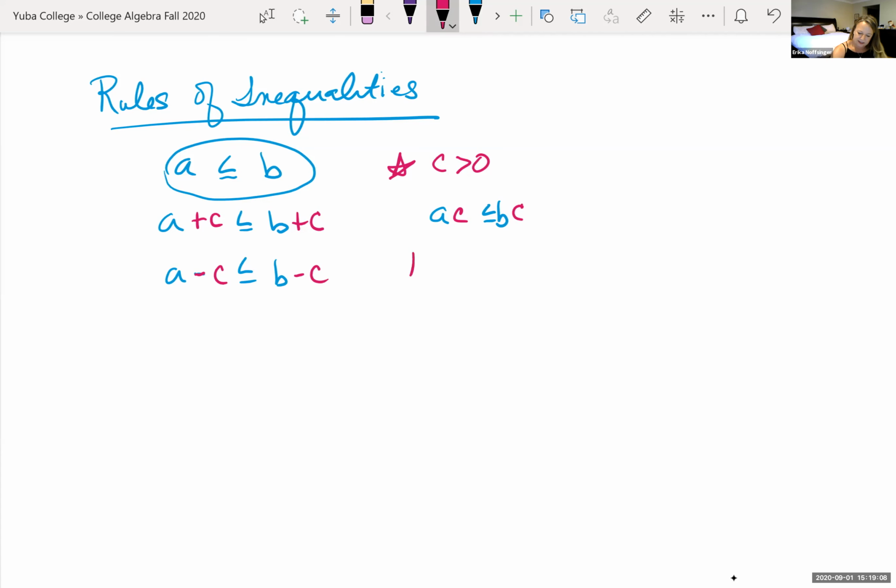But if c is less than 0, then we have a times c, flip our sign, greater than or equal to b times c. These are the stipulations if we started with a being less than or equal to b.